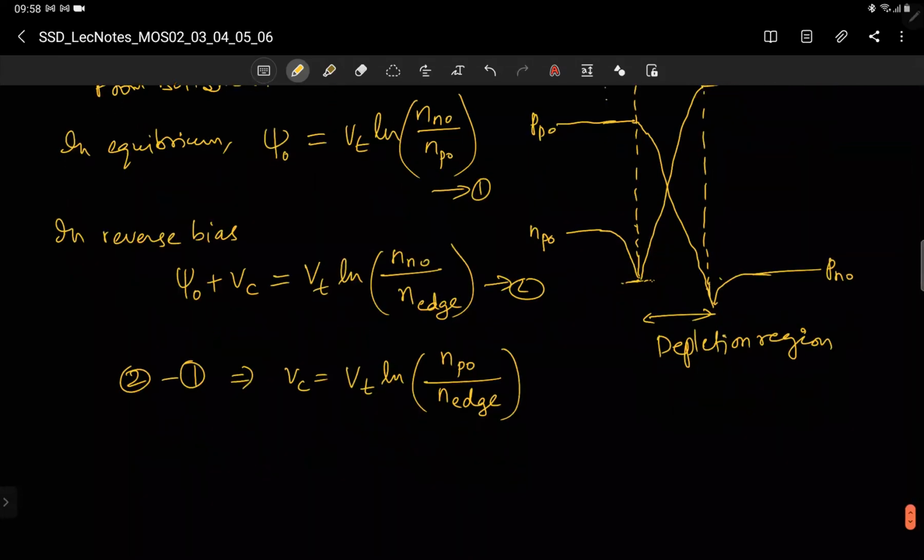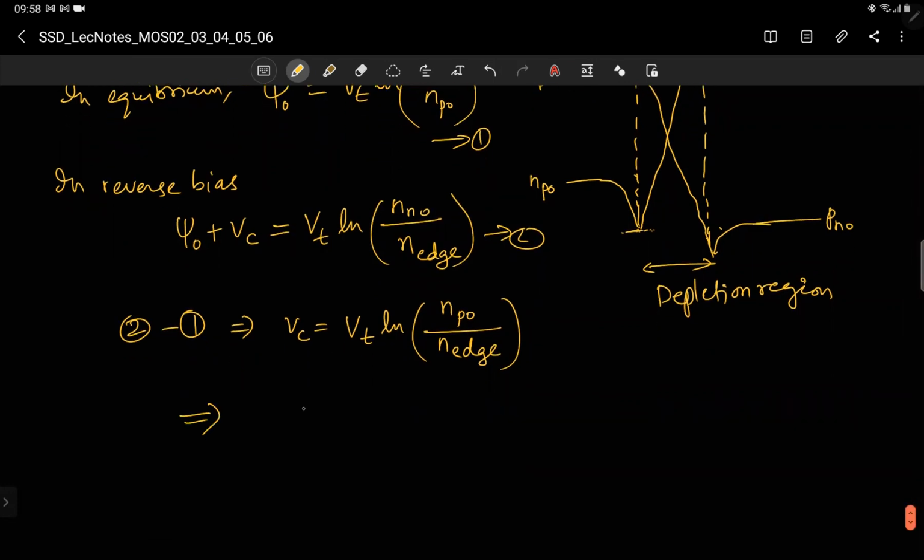So 2 minus 1: psi naught, the built-in potential, plus Vc gives you this voltage, and then Nn0 by the concentration at this point. If you do 2 minus 1, Nn0 will cancel, so N edge will be there. This Np0 will come to the numerator, because you are doing 2 minus 1. So this implies I will have N edge equal to Np0 e power minus Vc by Vt.